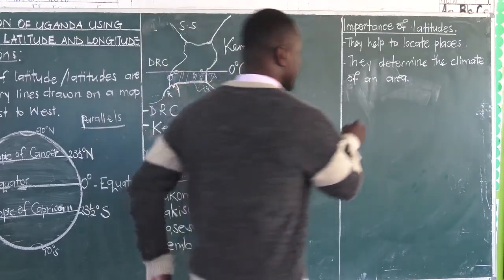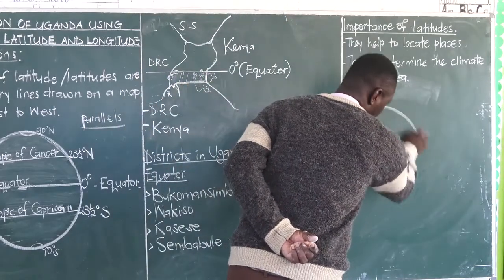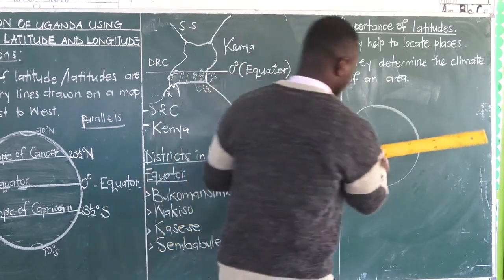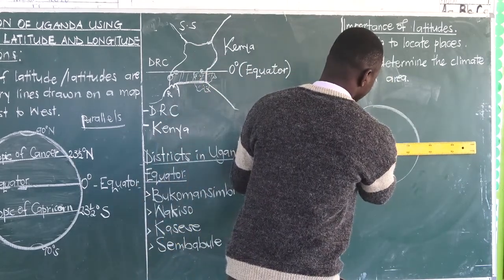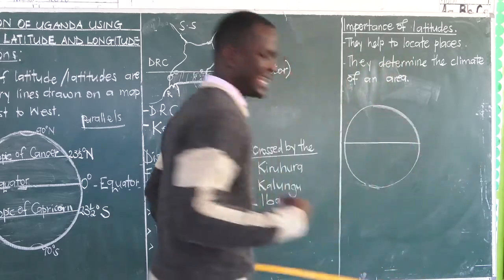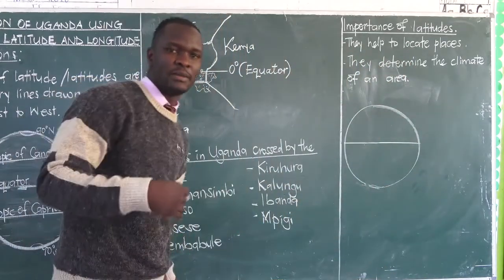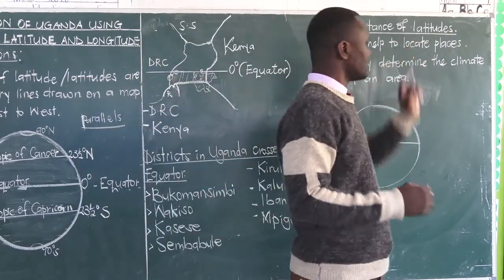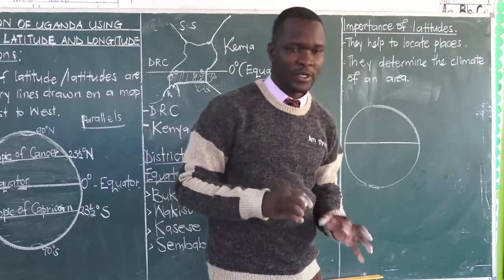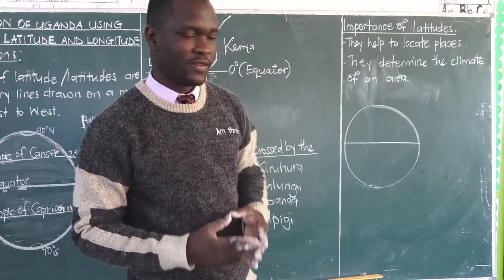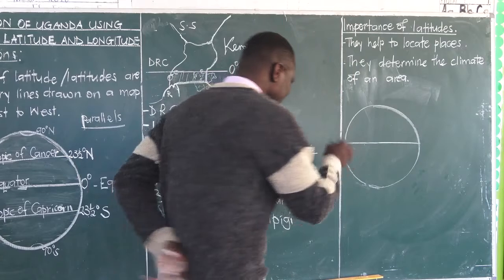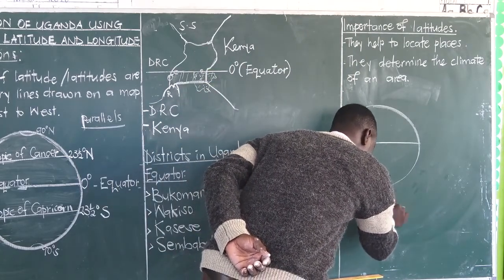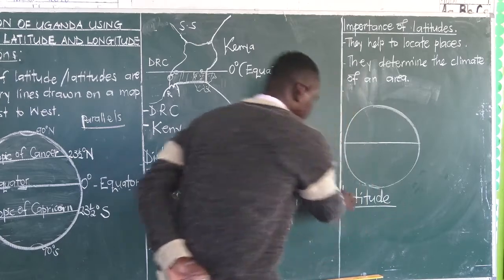When we talk about latitude, we need to understand that there is a very big difference between latitude and latitudes. When I say latitudes, these are the imaginary lines, which can also be called lines of latitude. But if a question is asking you as a P5 child, what is latitude?